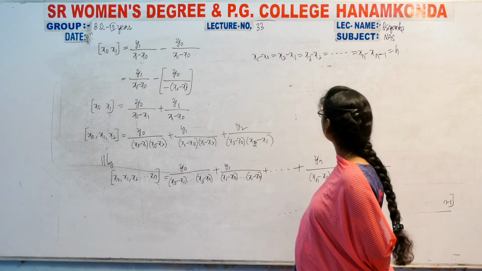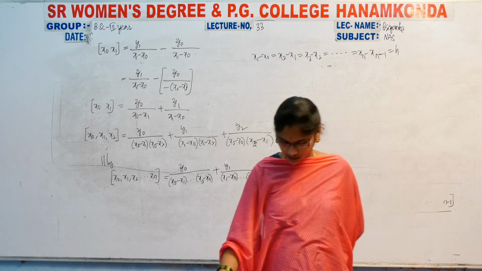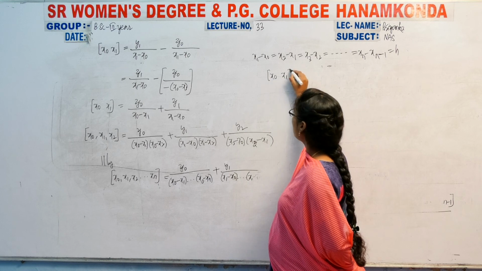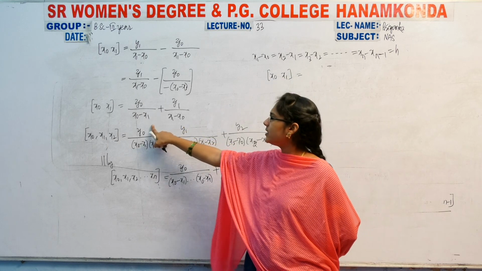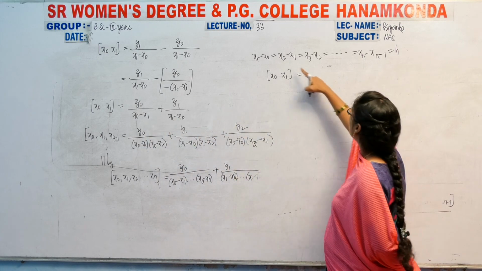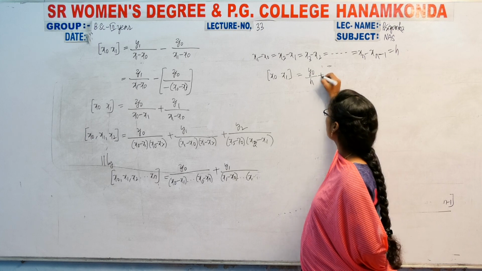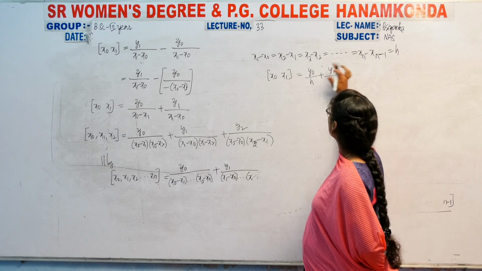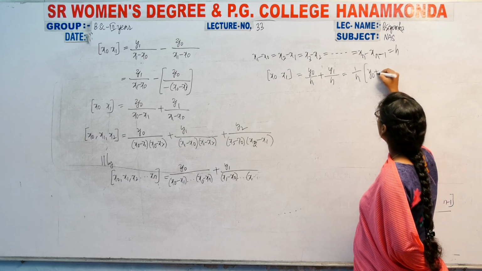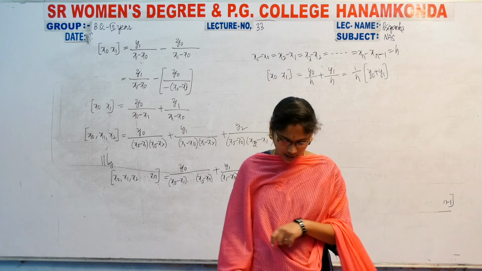Then what will be the value of x0, x1? It is y0 by, here x0 minus x1, just now I said that it is equal to h. So y0 by h plus y1 by h. So we can take 1 by h common, then simply it is y0 plus y1. Okay, so like this we can calculate the value.